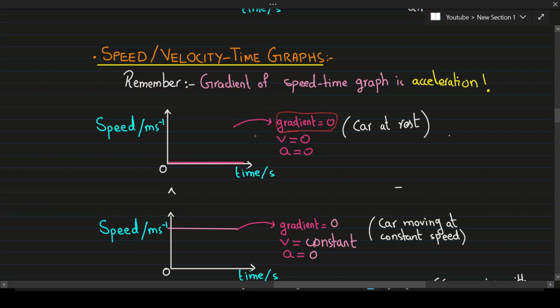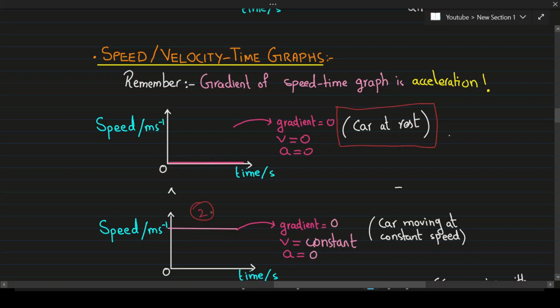If the gradient is 0, then your acceleration would also be what? 0. Gradient is directly related to your acceleration. And the second thing is that the velocity is already 0. We can see that the speed is at the 0 origin, which shows that the car is at rest. The car is not moving.